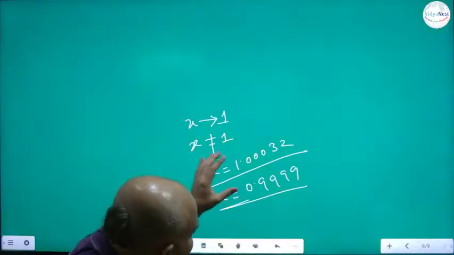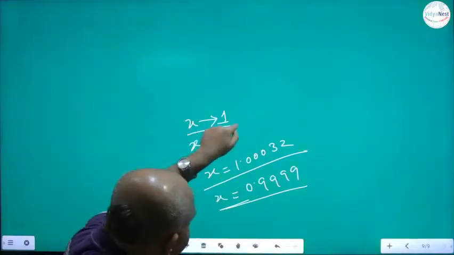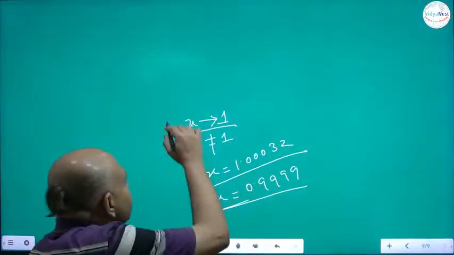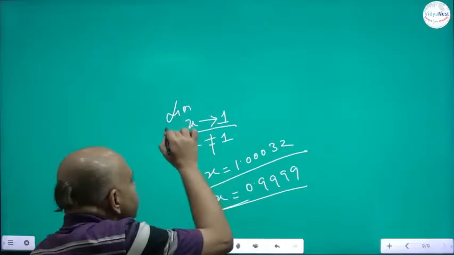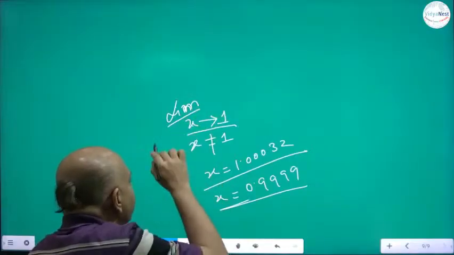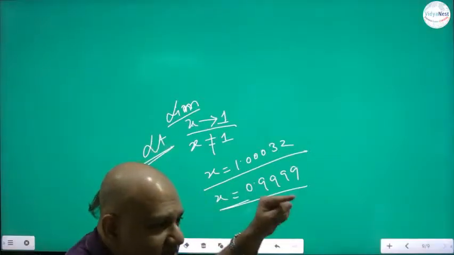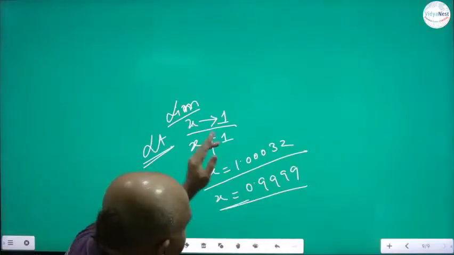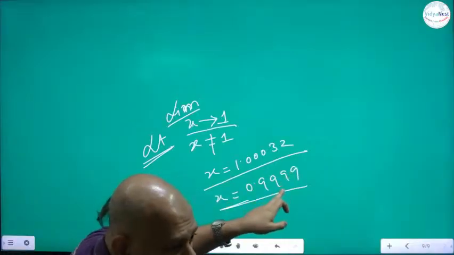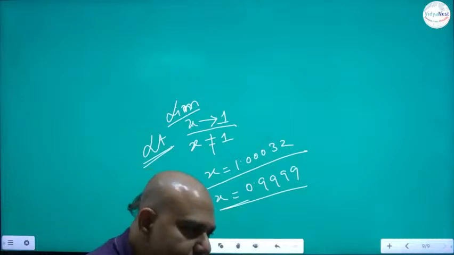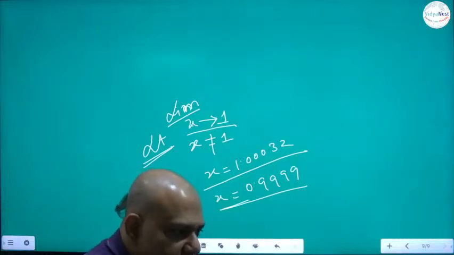So whenever I write x tends to 1, meaning x arrow 1, we write limit, LIM or LT. In this way we write limit x tends to 1. It means x is very near to 1, but it never becomes equal to 1. This is the concept of limit.